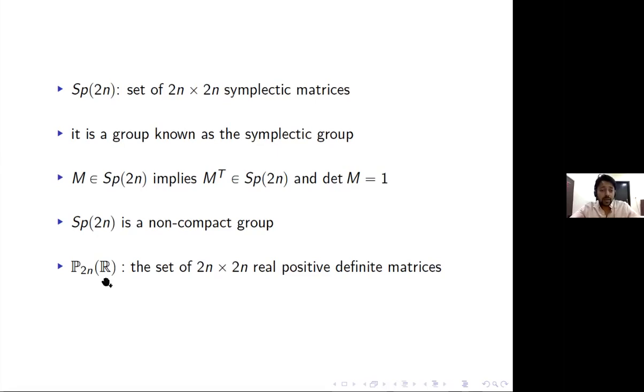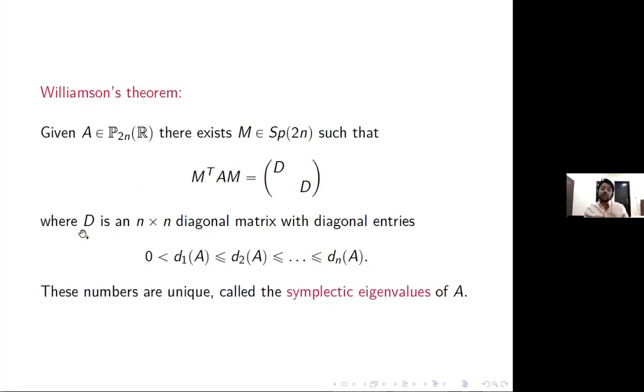Moving on, we shall denote by P2n(R) the set of 2n cross 2n real positive definite matrices. A fundamental result on symplectic matrices is known as Williamson's theorem, which states that given any positive definite matrix A, there exists a symplectic matrix M such that M transpose A M is the diagonal matrix given by D, D, where D is an n cross n diagonal matrix with positive diagonal entries arranged in increasing order given by d1(A), d2(A), and so on.